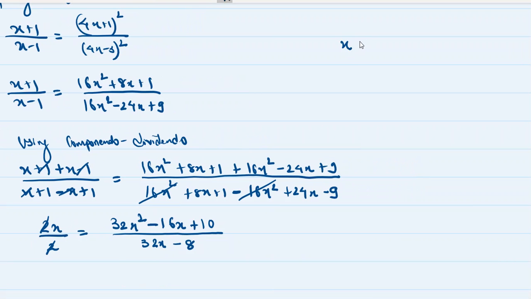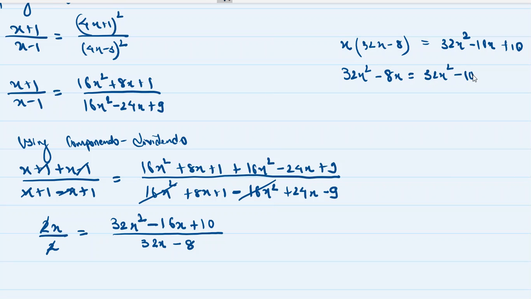See, x is there alone. Take 32x minus 8 on the other side, is equal to 32x square minus 16x plus 10. So 32x square minus 8x is equal to 32x square minus 10x plus 10.